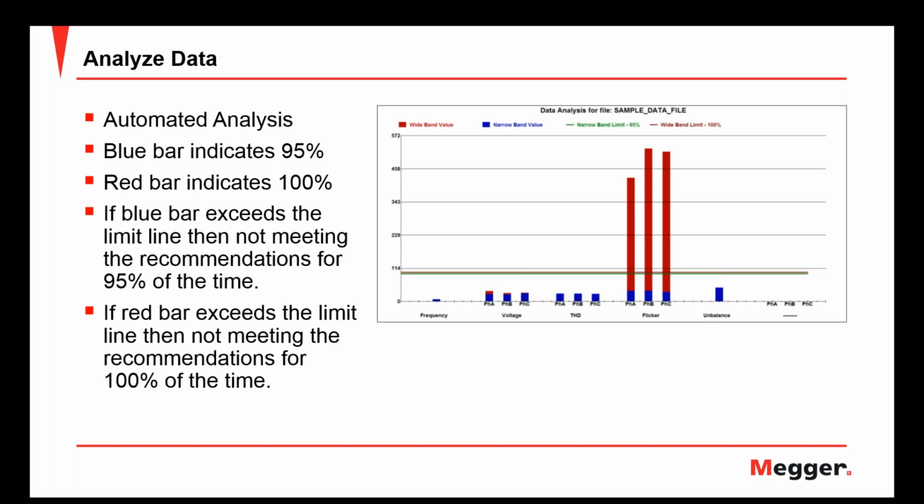As long as they're underneath the line, it's good. My red bars indicate what they were for 100% of the time. You can see that the flicker goes above the bar, but what that means is that less than 5% of the time I had a flicker issue. And that's not going to cause equipment to trip offline.